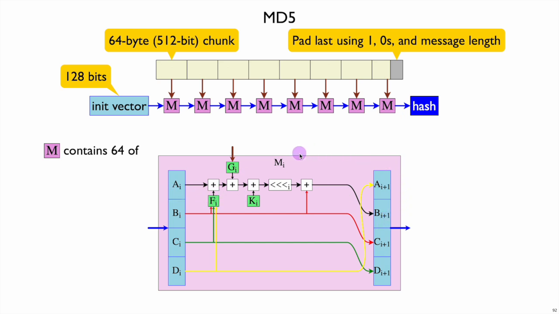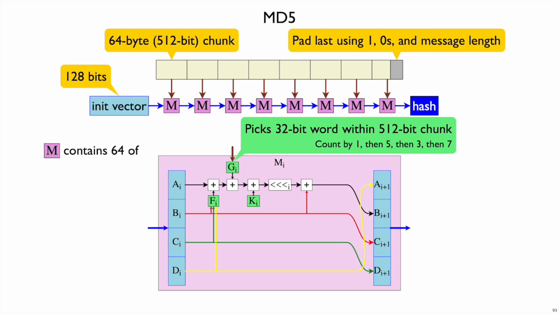And each step in the 64 M sub i's will use a different piece and mix them all up and cycle through all of these pieces. The 64 bytes that come in here need to be mixed with just 4 bytes here from the A sub i and mixtures of B sub i, C sub i, and D sub i. First, we use this G sub i box, which will pick 32-bit words, that is 4 bytes, from within the 512-bit or 64-byte chunk.